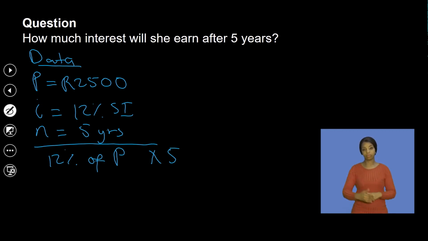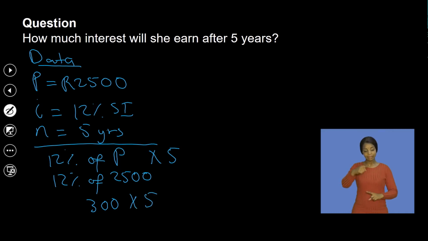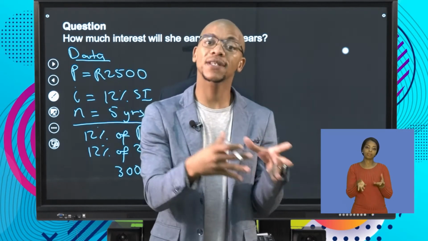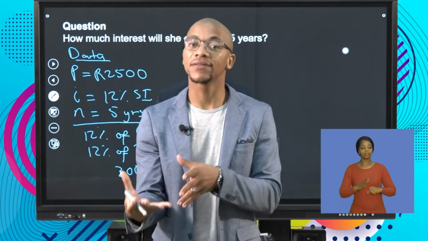So 12% of the 2,500, and then this will actually give us 300. That is 12% of the 2,500, and then that will be multiplied by 5, and this will give us 1,500. 1,500 in this context will be the total interest that she earns after the duration of her investment.